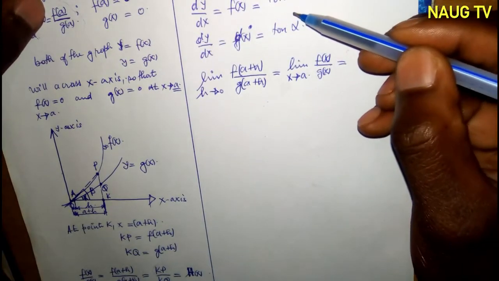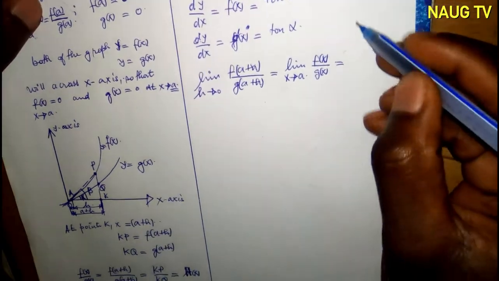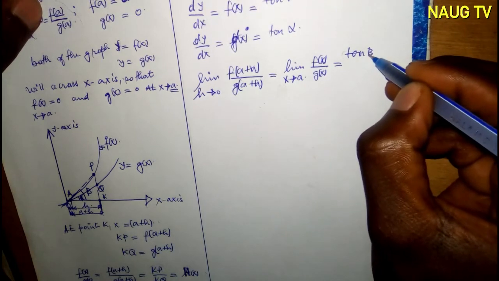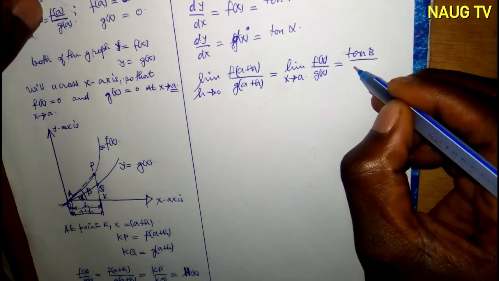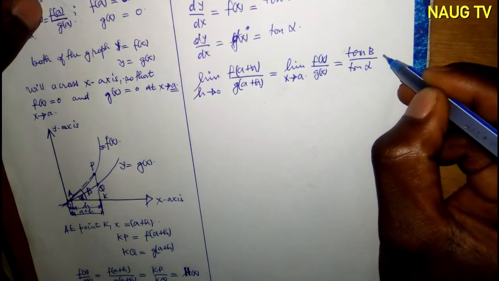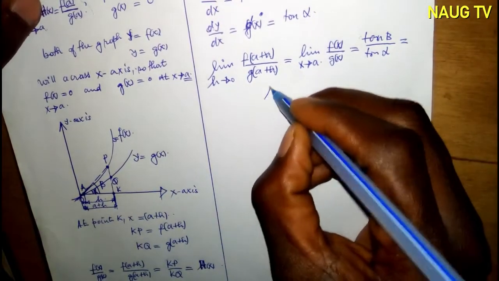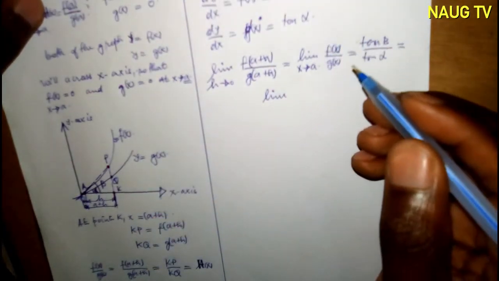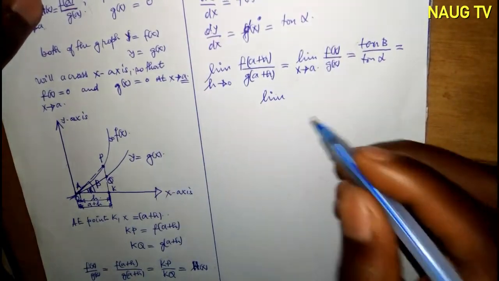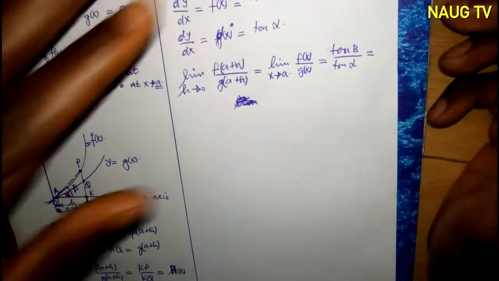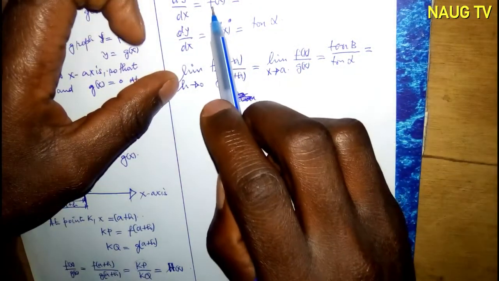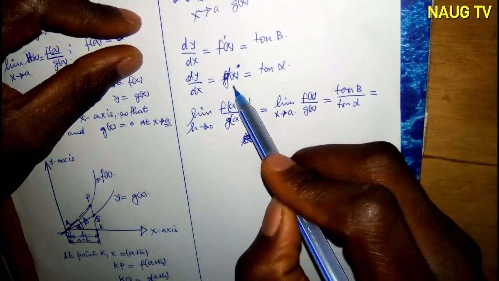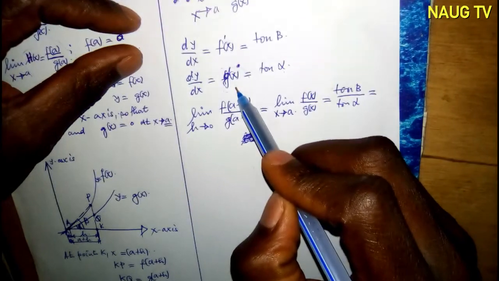As you have seen, this would be equal to tan of beta over tan of alpha, which is also equal to the limit of, as you have seen, tan of beta is equal to the first derivative of f of x, and tan of alpha is equal to the derivative of g of x.